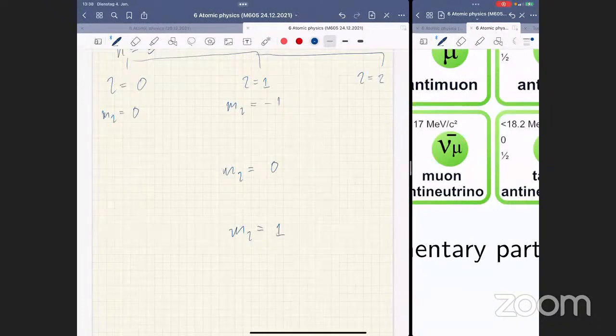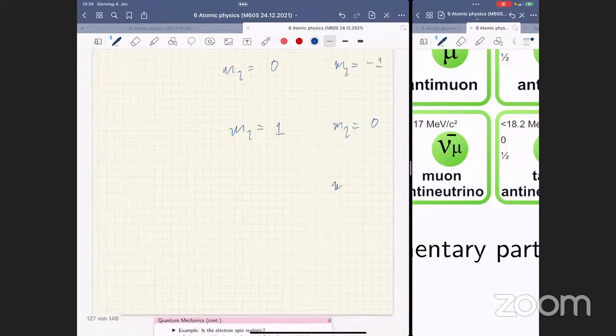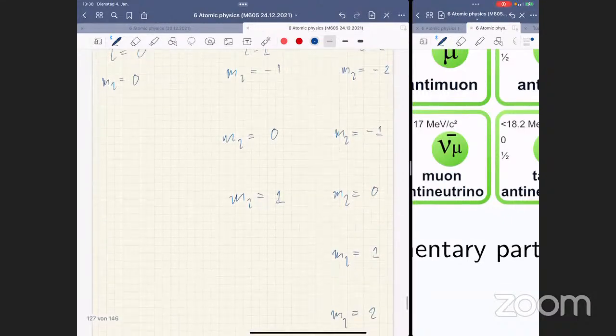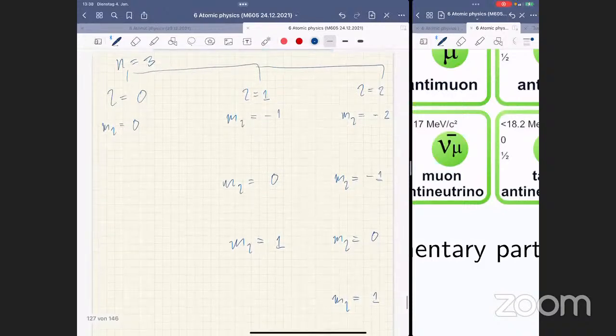And here you have ML equal to -2, ML equal to -1, ML equal to 0, ML equal to 1, ML equal to 2. Okay, and that's the 5 possibilities for L equal to 2.